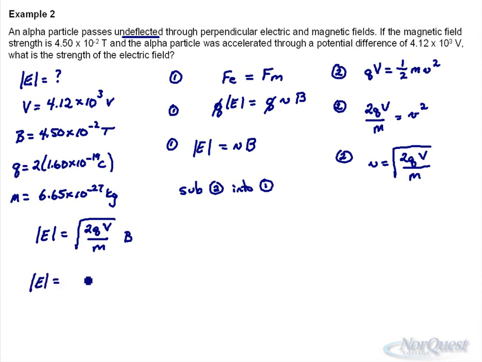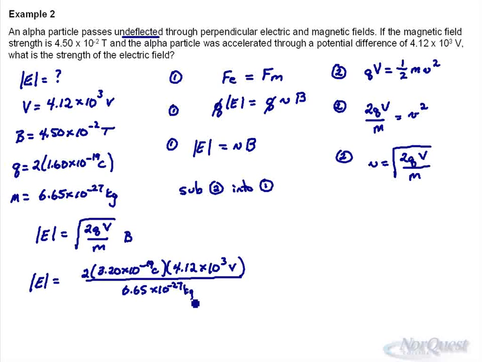Lots of numbers to work with. 2 times the charge turns out to be 3.20 times 10 to the negative 19 coulombs. The voltage turns out to be 4.12 times 10 to the 3 volts, divided by the mass of the alpha particle, 6.65 times 10 to the negative 27 kilograms.